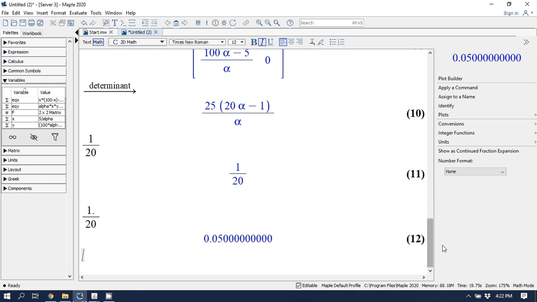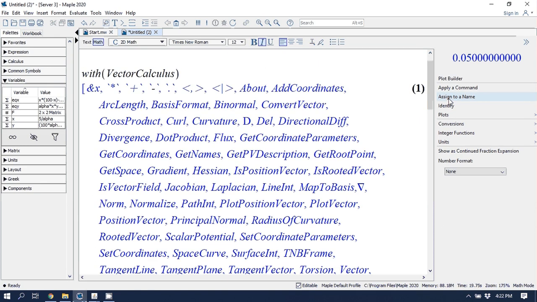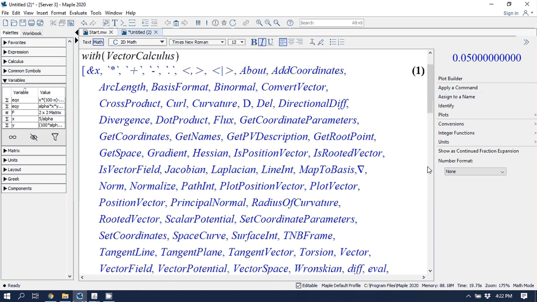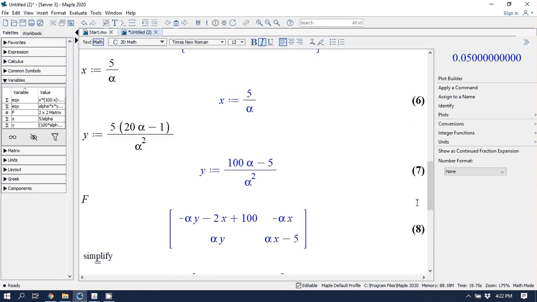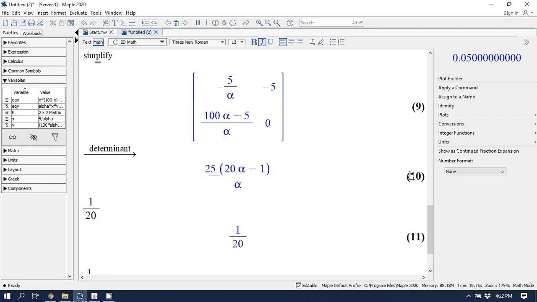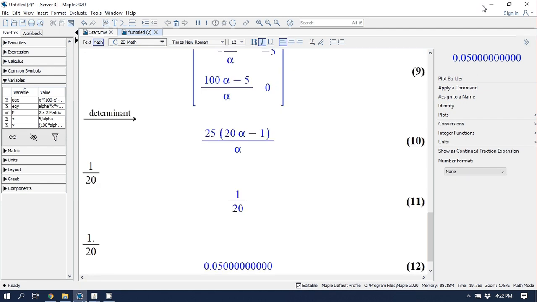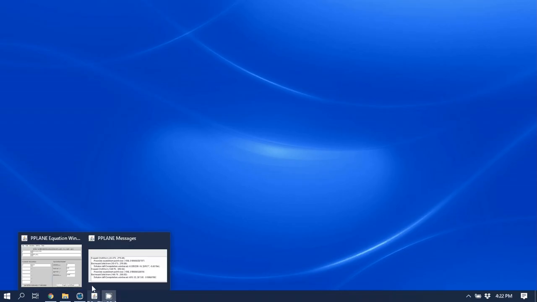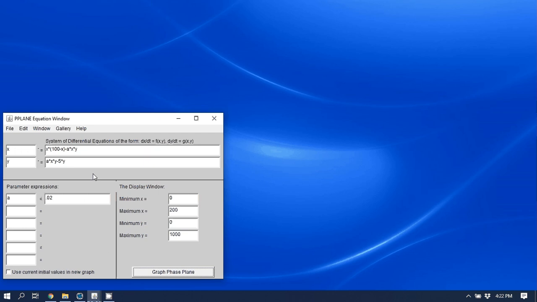And with that, let's finish this part, and we'll do the second part with the epidemic model. Let's finish this part with running this in p-plane, just to check to see that the stability analysis is correct. So when we go to p-plane, I entered already the system here. I put A instead of alpha.